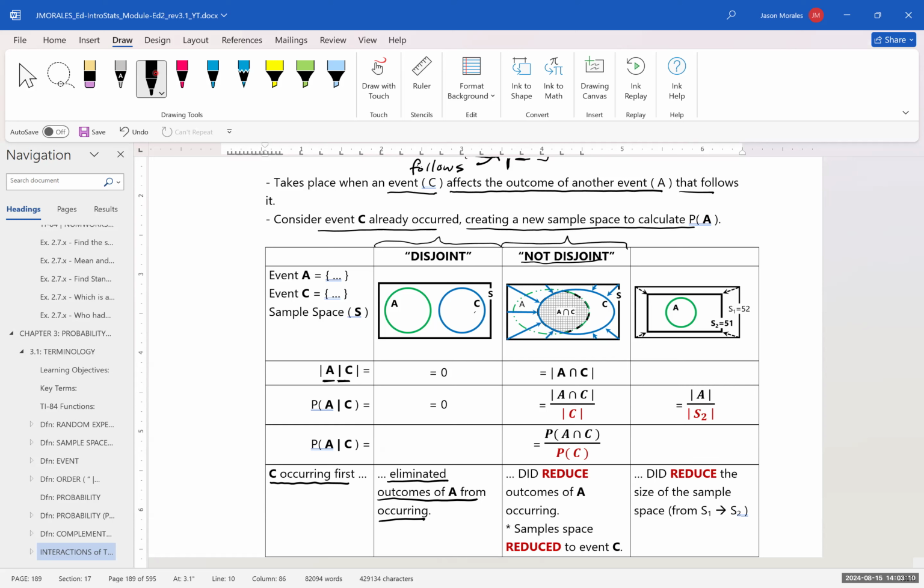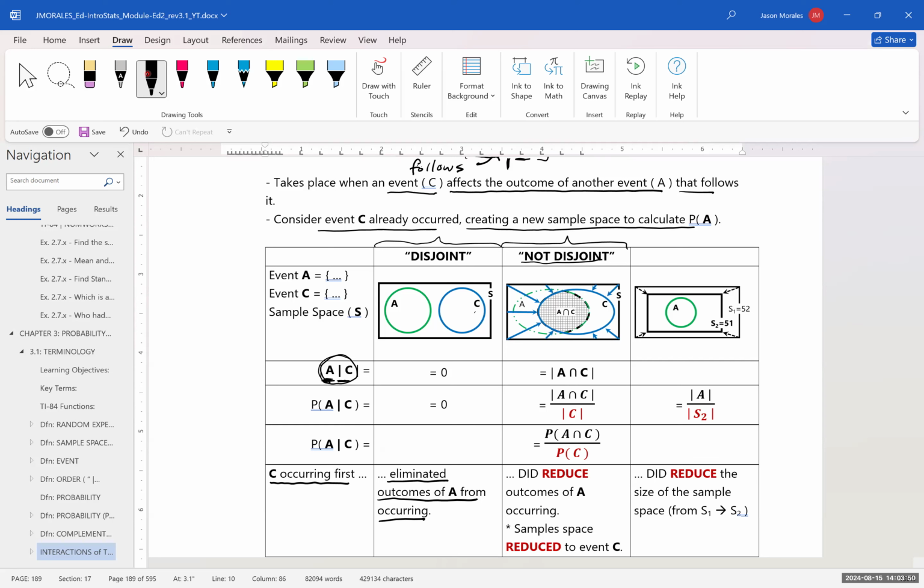When we look at A, given that C occurs first, the fact that C occurs first ends up changing the sample space to C. That's what I've got drawn here. The sample space changes, so because C occurs first, the sample space shrinks down to C. Forgive that shifting around. It's just something that Microsoft Word does.